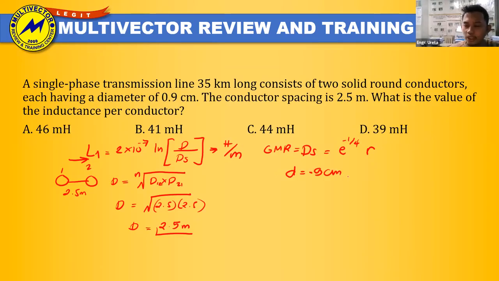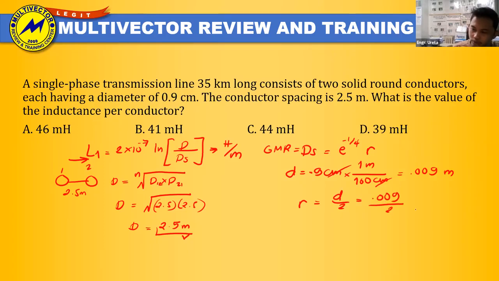So convert nyo muna to meter, kasi meter to sir, no? Para mag-cancel. 100 centimeter per 1 meter, so magiging 0.009. Therefore, our radius is just equals to d all over 2, where d is 0.009 all over 2, equal sa 0.0045.